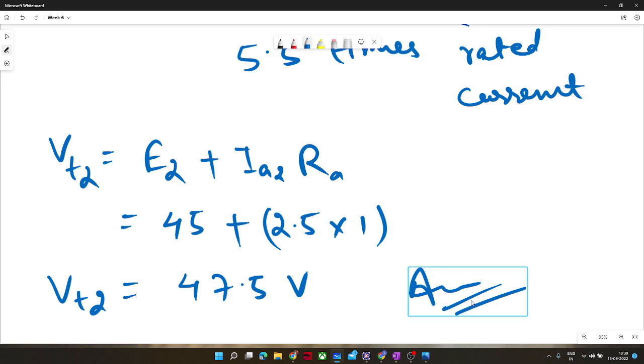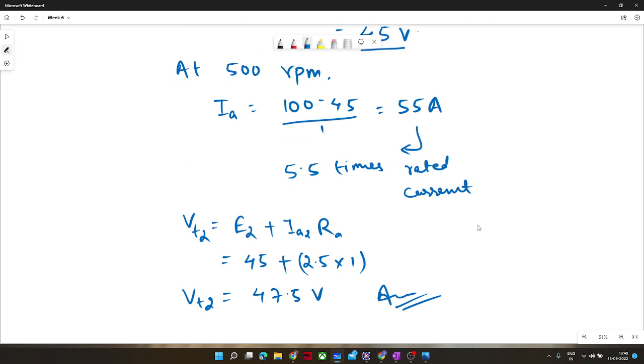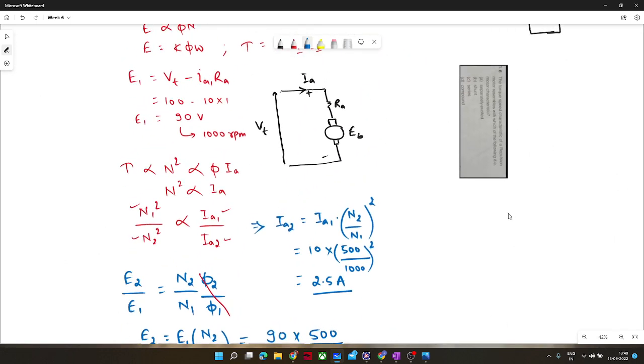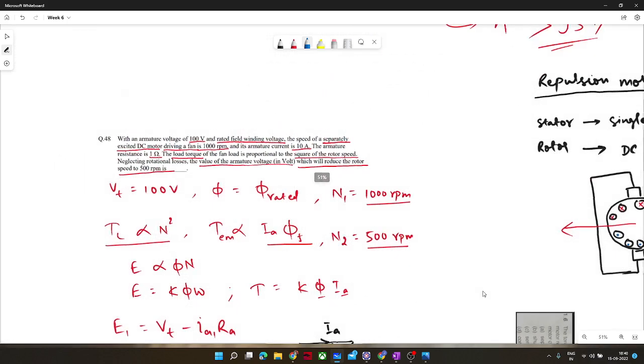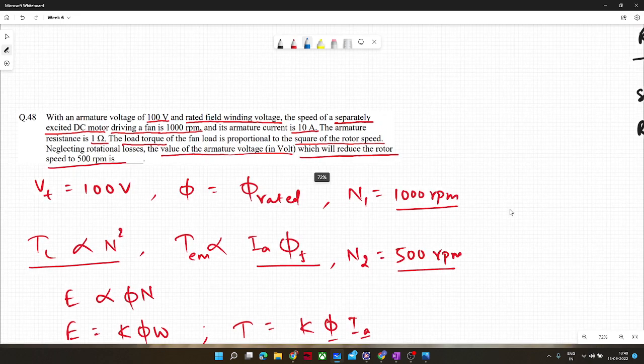Any doubt in this problem? I will summarize it once again. In the problem, it was asked that the load torque has the characteristics of a fan and it varies with the square of the rotor speed. Earlier, the rated condition was given.